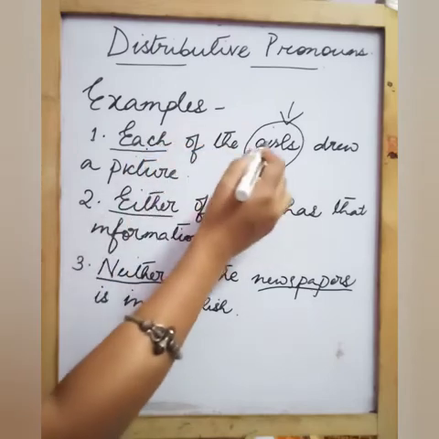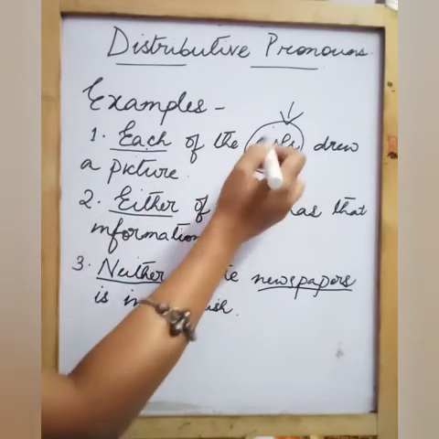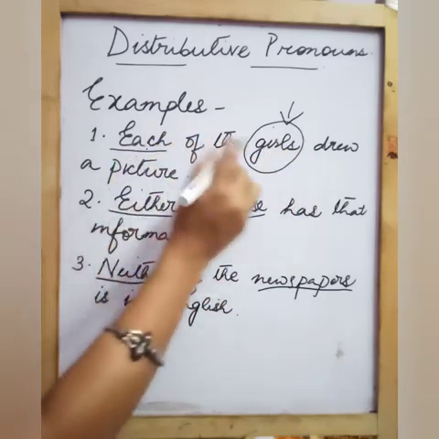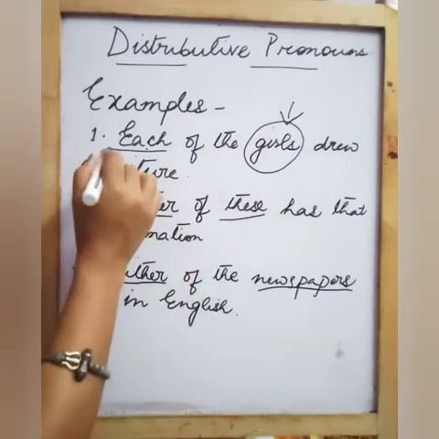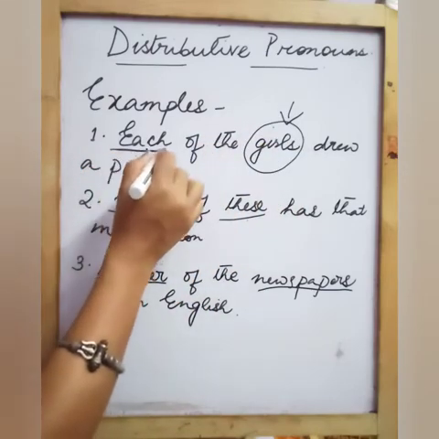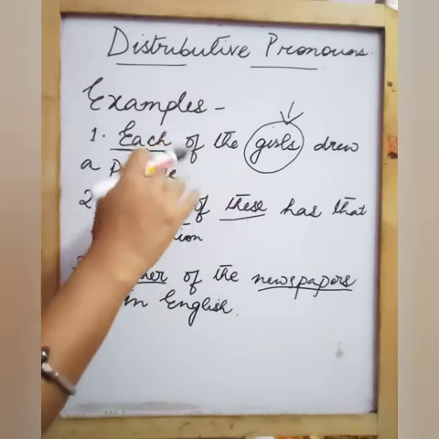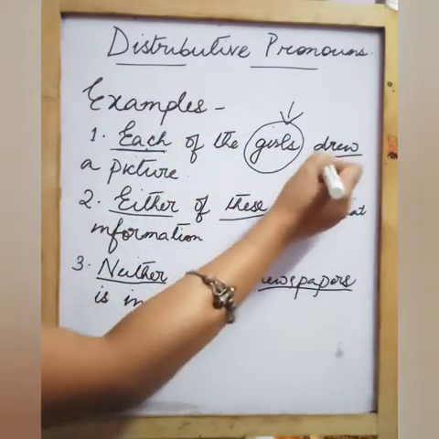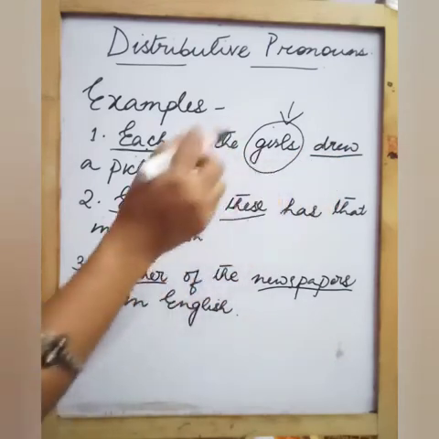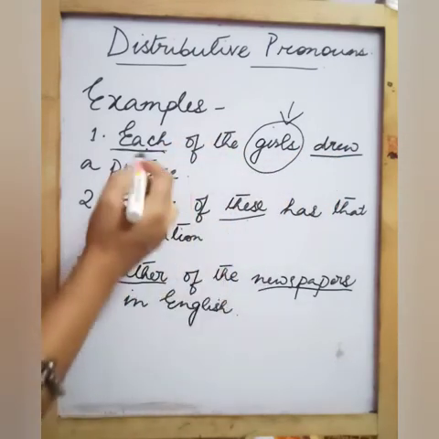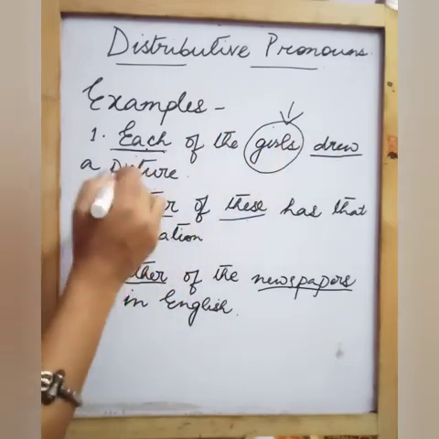So we are mentioning that in this representative group of girls, we are talking about each of the girls. So this word each is a distributive. It is saying that the action of drawing the picture has been done by each of the girls, isn't it? Hence we are saying each of the girls drew a picture.